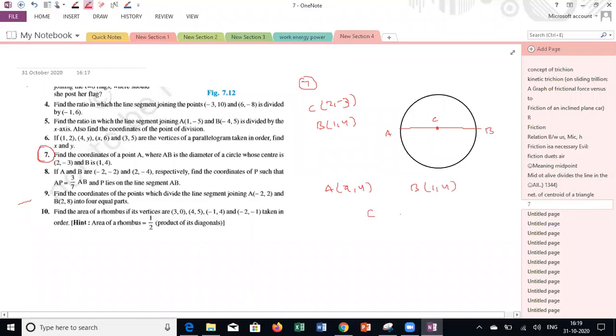C is a point which divides the diameter in 1:1 ratio. Am I right? Because C is the midpoint of the diameter. Center is the midpoint of the diameter. Am I right? Yes, sir.